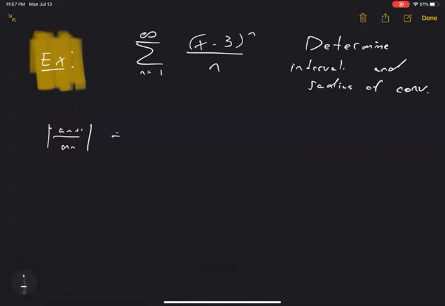Let's find our a_{n+1} first. That would be (x minus 3) to the power n plus 1, over n plus 1. And now I need to divide by a_n, which means multiplying by the reciprocal, right? Okay, let's go ahead and simplify.